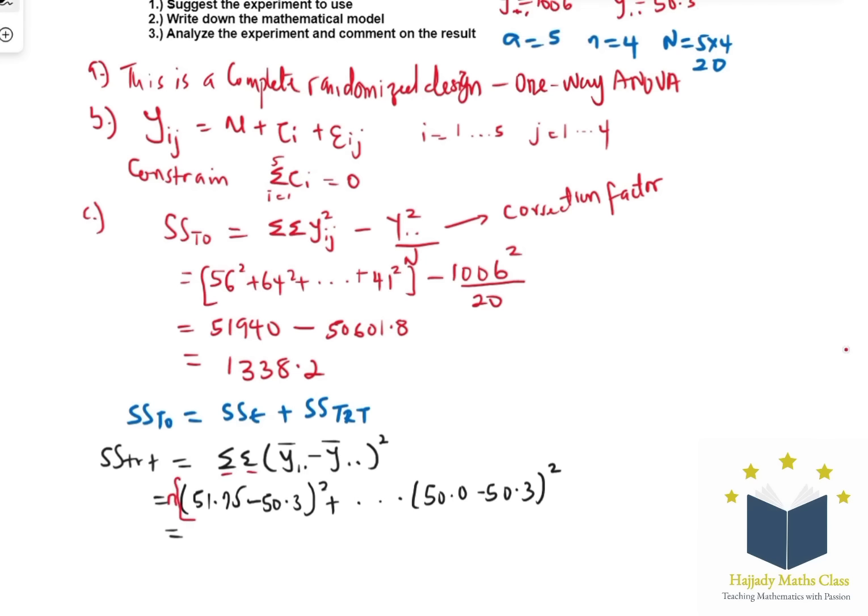So I'm having n multiplied by all this. And don't forget, the value of my n is 4. So multiplying this with the sum in the parentheses, I'm going to have 3.925. That is the sum of the parentheses. And this gives 15.7. So that is my SS treatment.